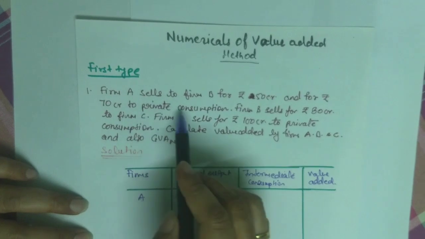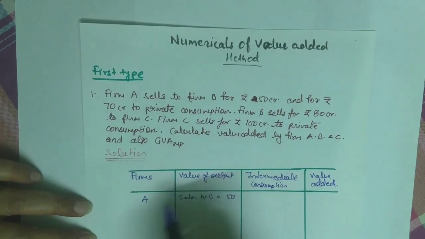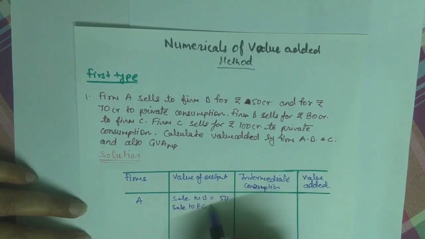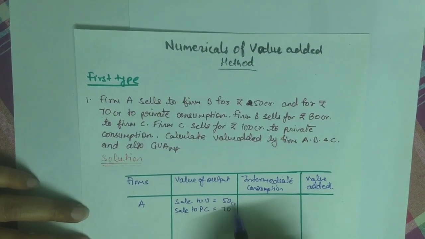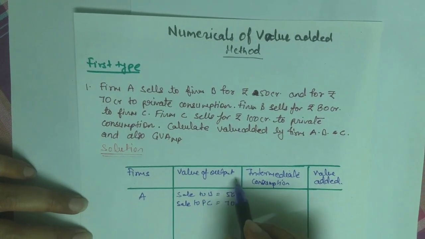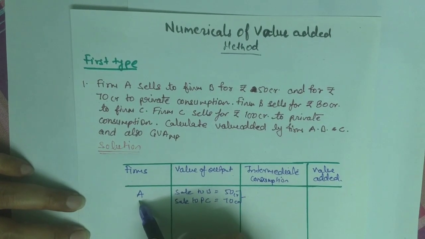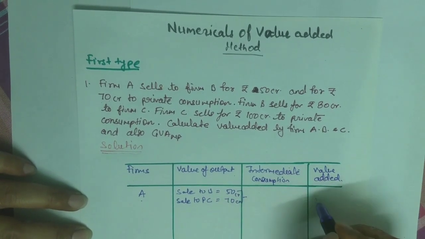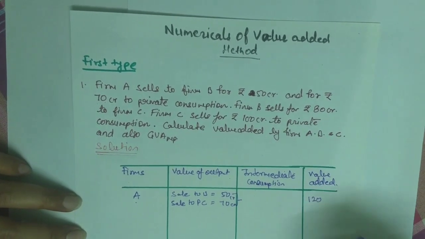A sales to private consumption is also 70 crore. So combinedly both will be added as value of output of firm A. So value of output of firm A becomes 50 plus 70 equals 120.